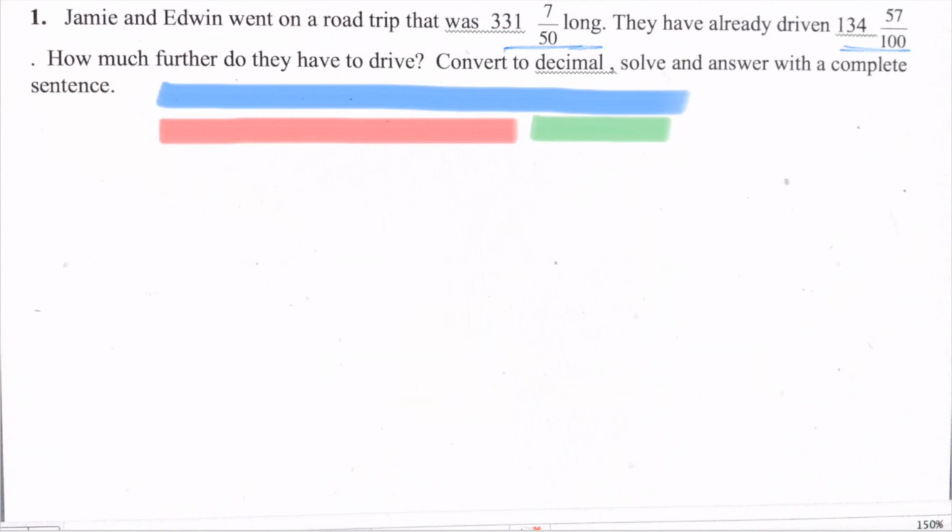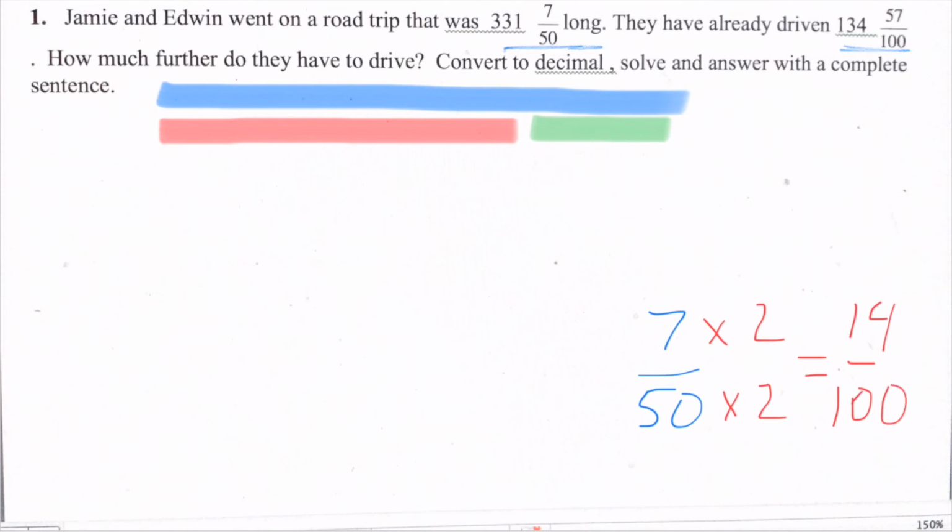So we're going to try to change these mixed numbers into decimals to make them easier to subtract. So 7/50, you could multiply the numerator and the denominator by 2 to get 14 hundredths. And 14 hundredths could easily be made into a decimal.